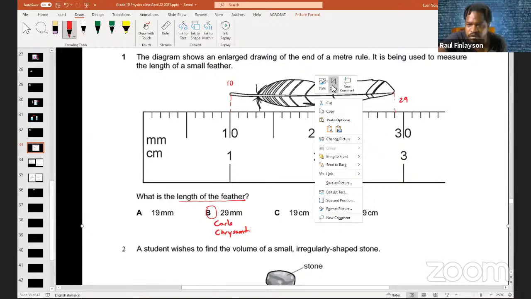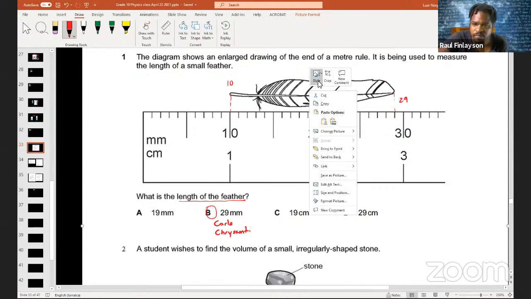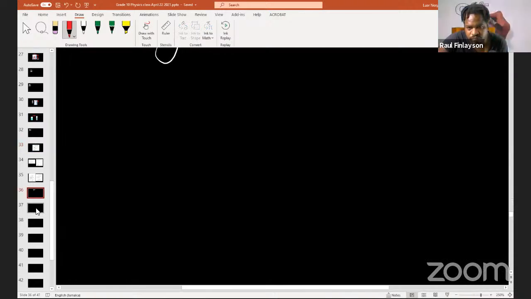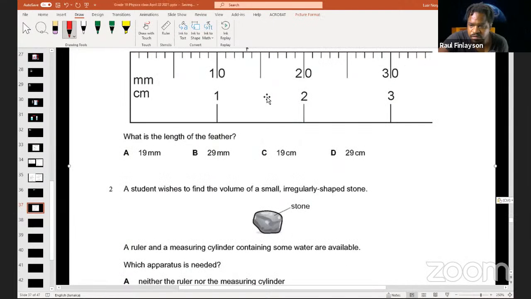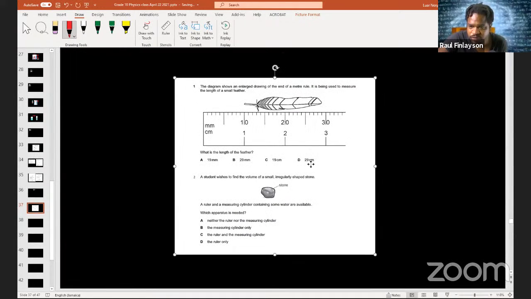All right. Let's see if we can get this question here. I want to do something to this question. I'm going to split this question.